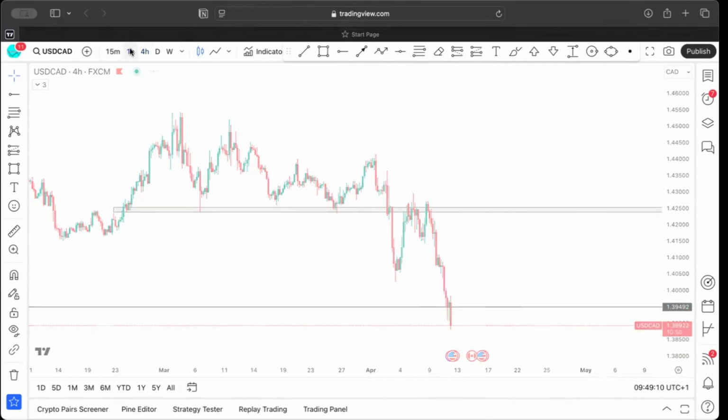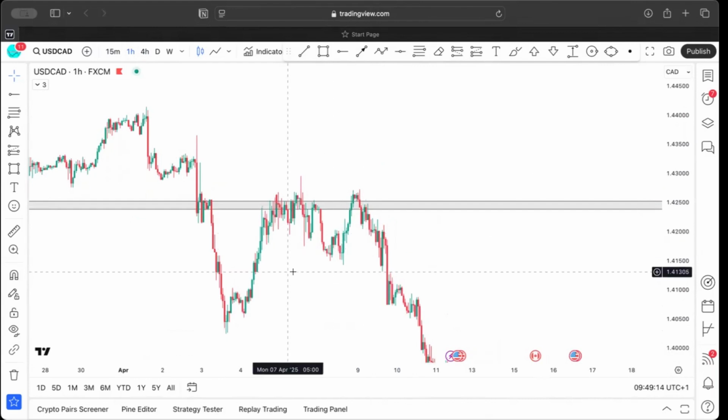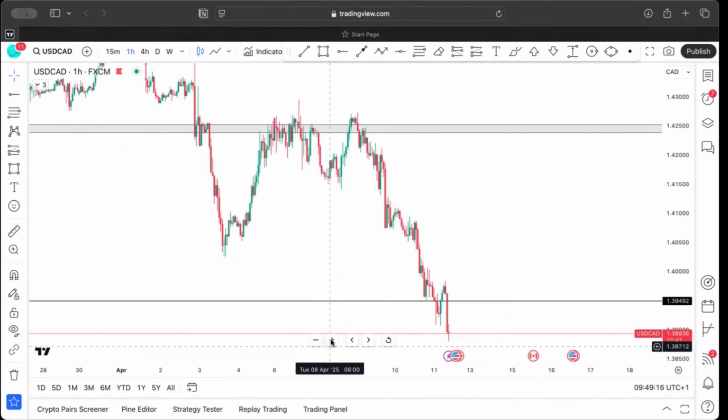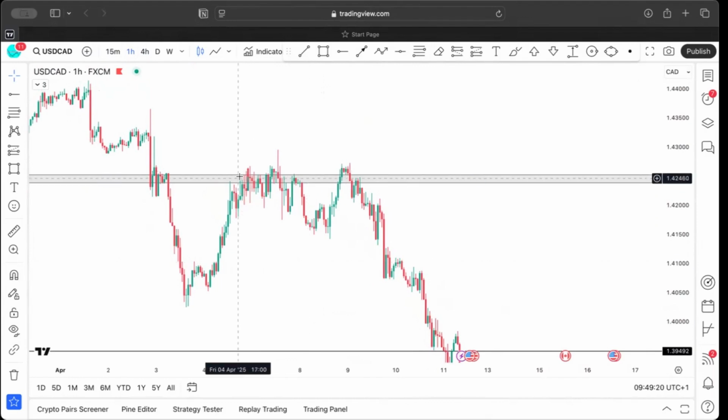So going into the 1-hour time frame, I needed to see that the market is clearly creating some sort of rejection, during session, rejection, session, and market structure.